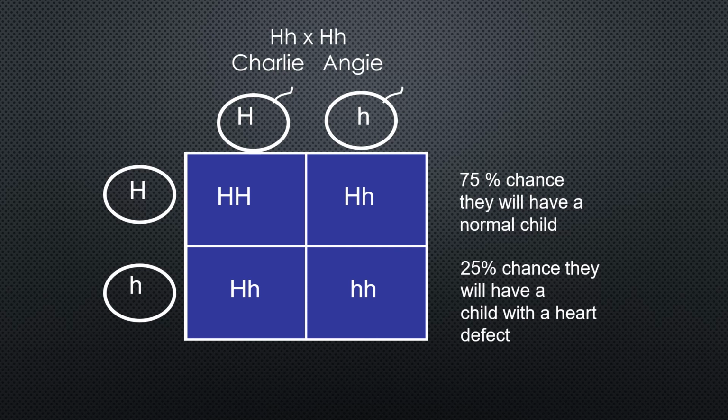And if Angie is also a carrier, then what we have is our normal Punnett square with a 3-to-1 ratio, which means that 75% of their children are likely to have a normal heart, whereas there is a 25% chance that if they have a child, it will have a heart defect.